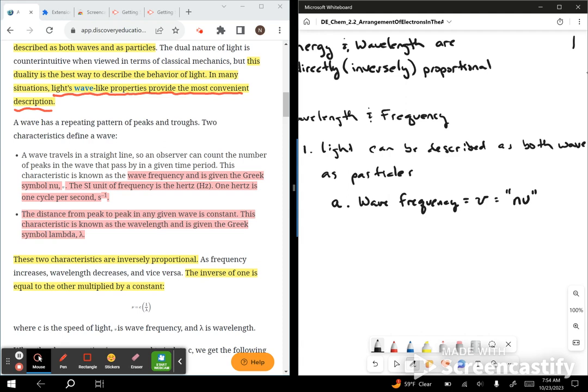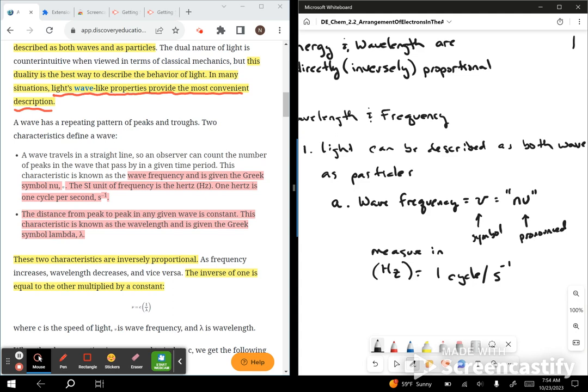This is a symbol, pronounced as nu. The SI unit for frequency is the hertz, measured in hertz, which is equal to 1 cycle per second, or seconds to the negative 1. Or we could just say per second.